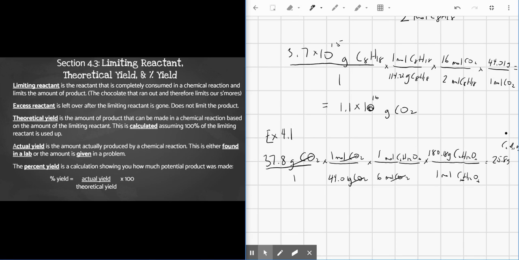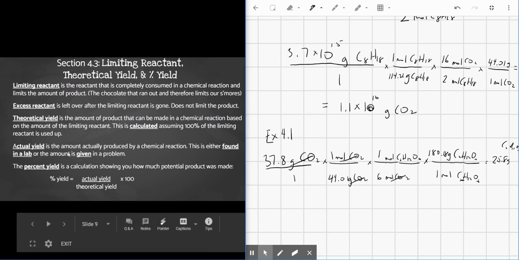Now we know that we do not live in this perfect world where every single molecule of CO2 is going to change into this glucose. So we usually, okay, not always, but we usually get numbers that are less than 100% because not every single molecule is going to react, okay?